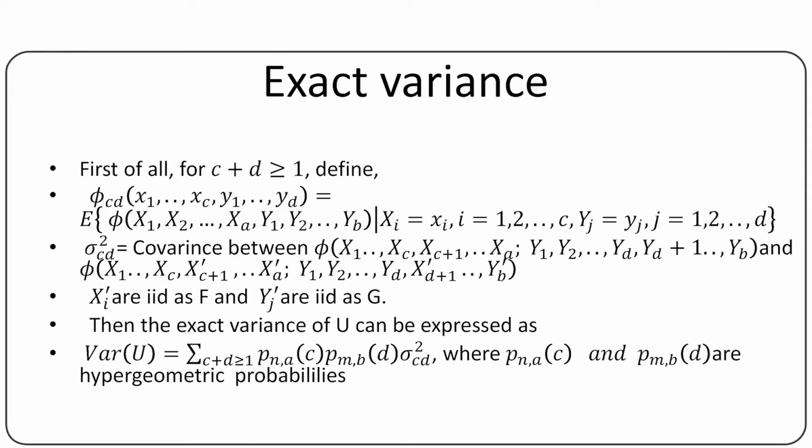It is natural to see that the second and third terms are random variables and are independently normal. Moreover, the remainder Zn square tends to 0 as n tends to infinity, thus the square root of n times U minus theta, and a times the square root of n by m times the sum of phi 1 0 of x_i plus b times the square root of n times the sum over j from 1 to n minus theta have the same limit. The latter is asymptotically normal and hence the proof is complete. Note that the phi 1 0 of x_i and phi 0 1 of y_j terms are independent.